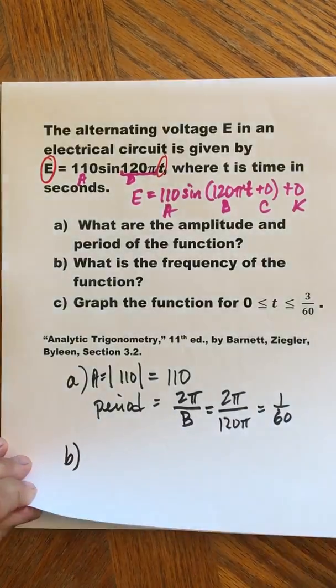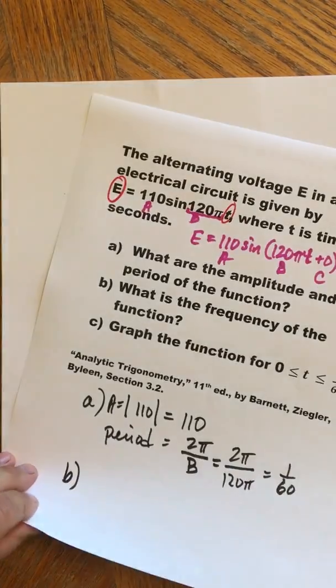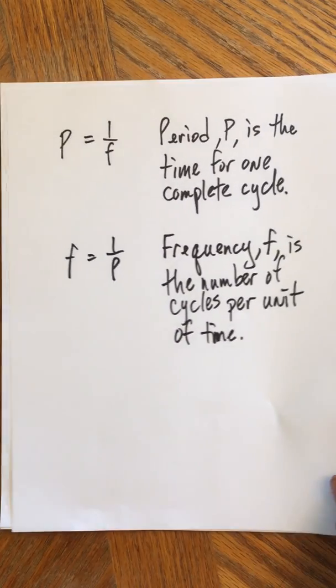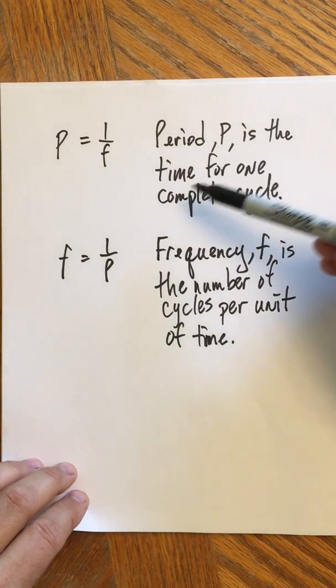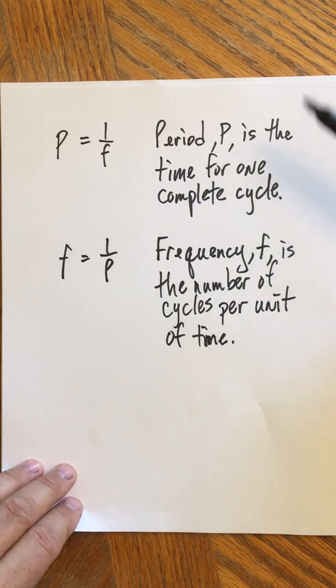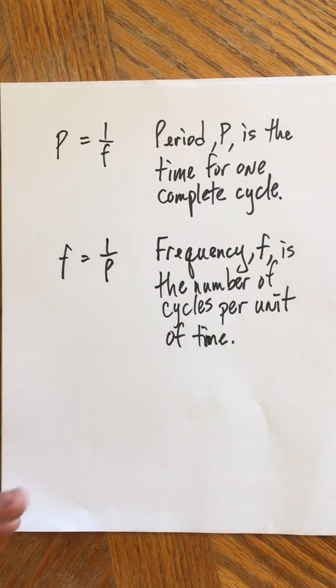When they're looking for the frequency, let's look at a couple of definitions. You'll find these in your book, or you could always Google it. The period is the time, in this case, because that's our input, to see one complete cycle or one sine wave. Whereas the frequency, F, is the number of cycles per unit of time, in this case per second.